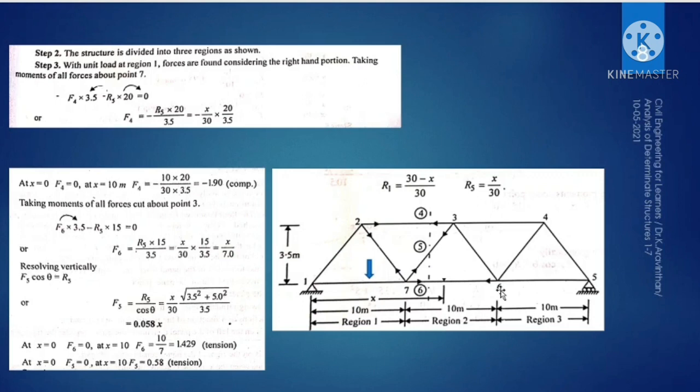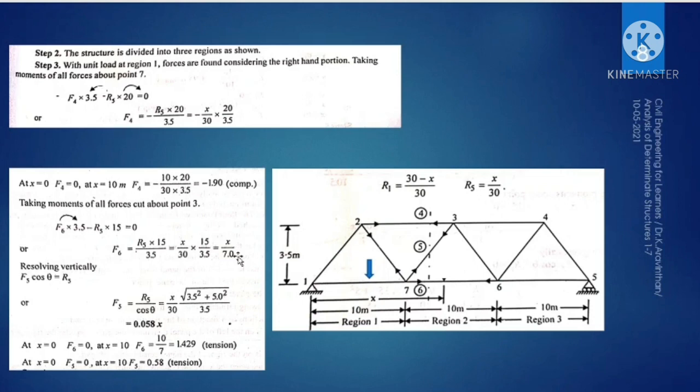You have 10 meters here and 5 meters at the center. If you resolve this, you will get F6. R5 will be x by L, and you will get the equation x by 7. After simplifying, you will get this equation.